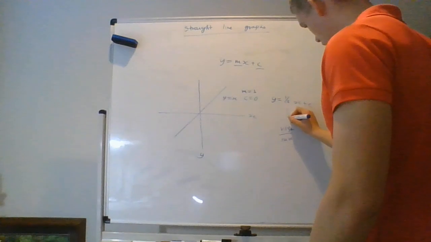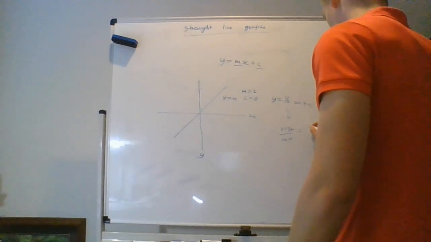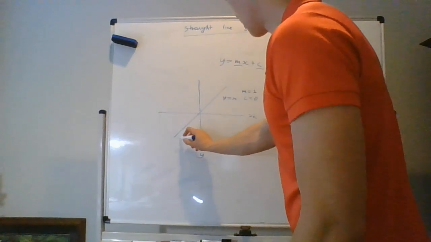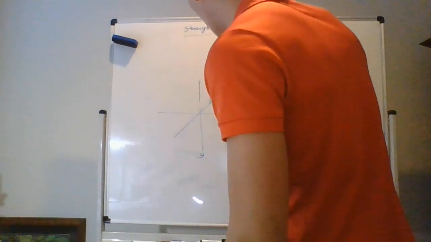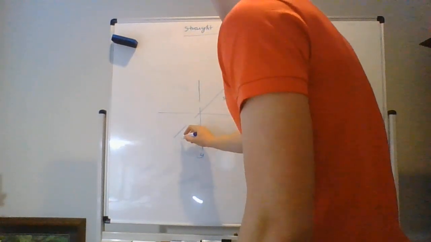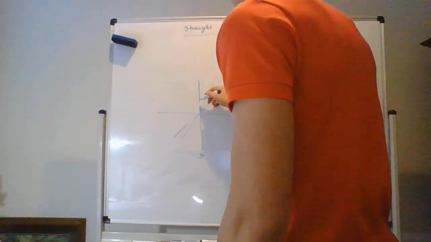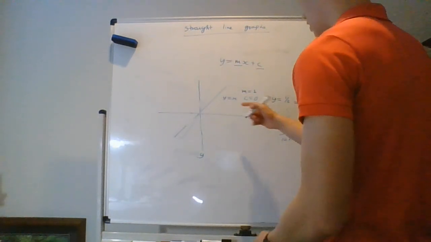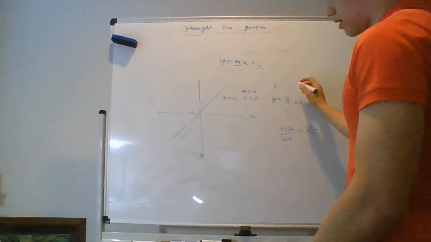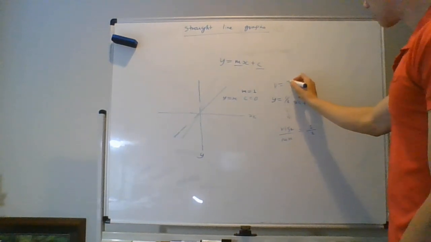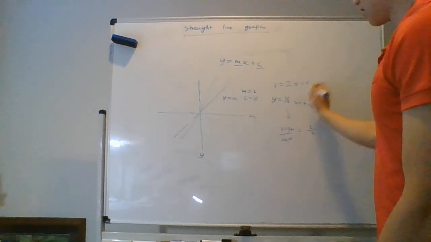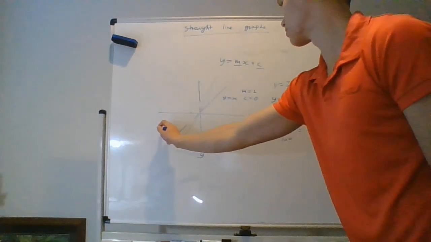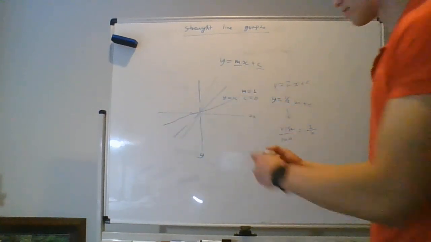So in this case, this gradient is rising by 1 and going across by 2. So it's going to look something like this. That's not perfect at all, but it will look something like that. It will be steeper. If you have, let's say, y equals 2x plus c, it'll be the opposite, really. It'll be flatter, so it'll look something like that.